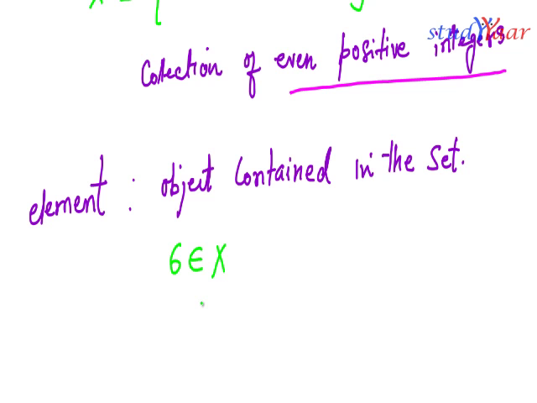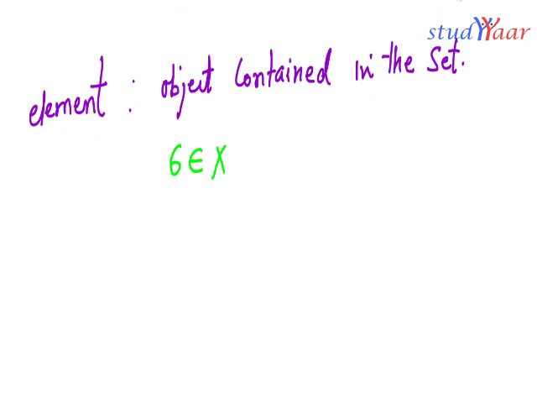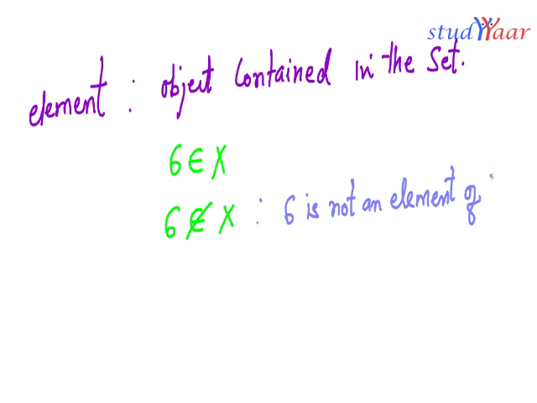That is how I show that something is an element of X. And if I have to say that 7 is not an element of this set, then I am going to write it as 7 is not an element of X, okay? So let me just write it down for you so that you remember. This implies that 7 is not an element of X, okay?